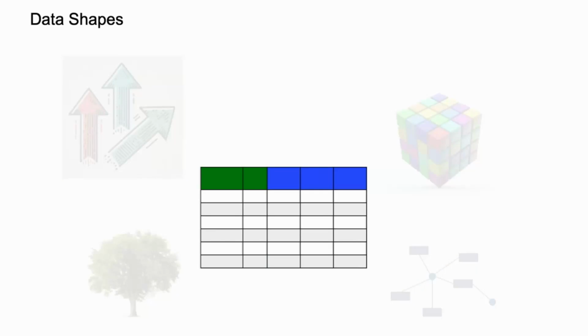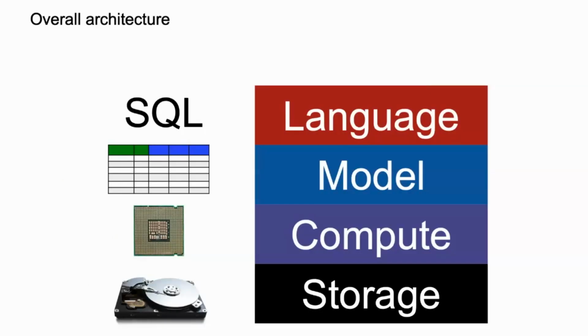But today, I'm going to focus on tables, which is what we did in information systems for engineers. So if I really very coarsely oversimplify things, we have 4 layers in a system. We have the language, the model, the compute, and the storage. The language, that's SQL. The model, that's what tells you a table has rows and columns.